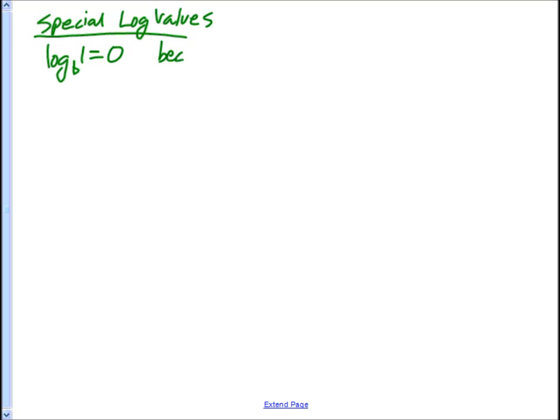And why is that? Well, because b to the 0 power is going to give you 1, right? So what about if you have log base b of b? What would that be equal to? Well, b to the what equals b? It's got to be 1, right? Because b to the 1 equals b.